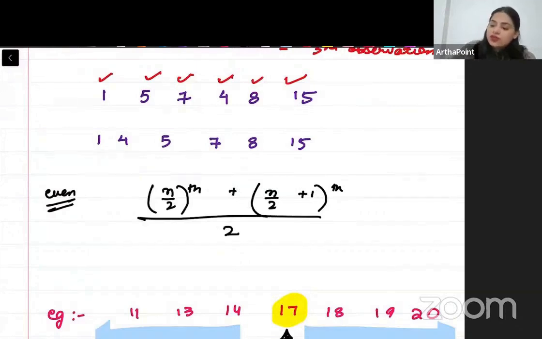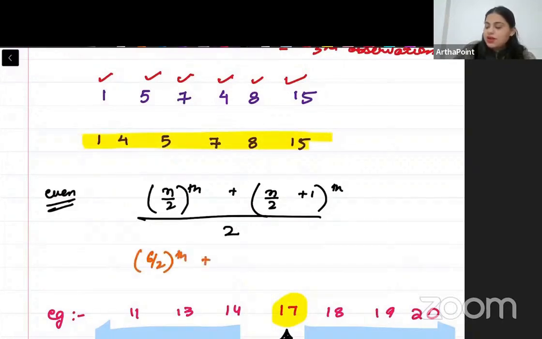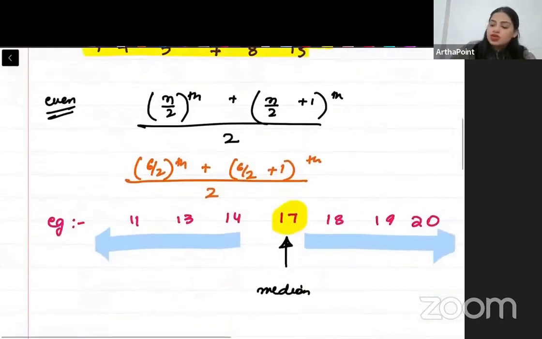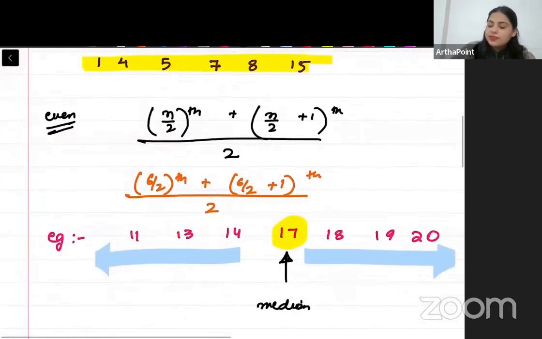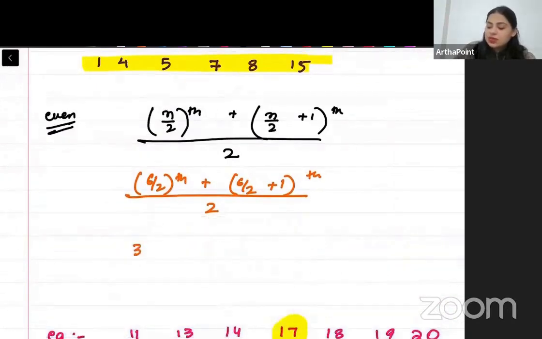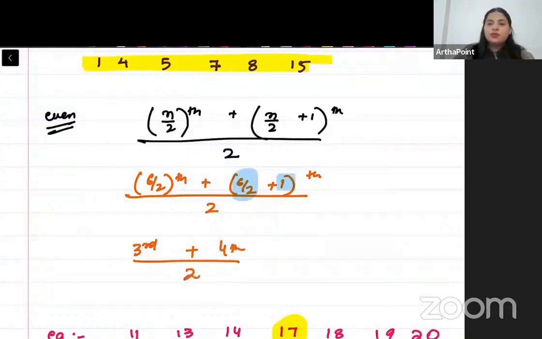So here, if you can see, I have n as 6. So beta, this will be 6 by 2th observation plus 6 by 2 plus 1th observation divided by 2. So 6 by 2 means 3. That means this will be the third observation plus 6 by 2 is 3, 3 plus 1 is 4, so I will have the fourth observation, divided by 2.